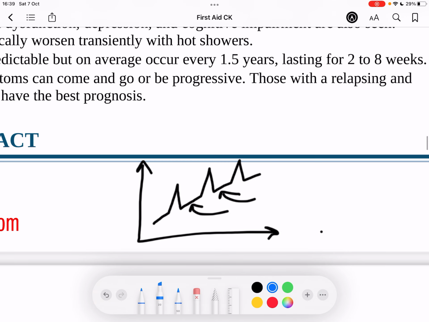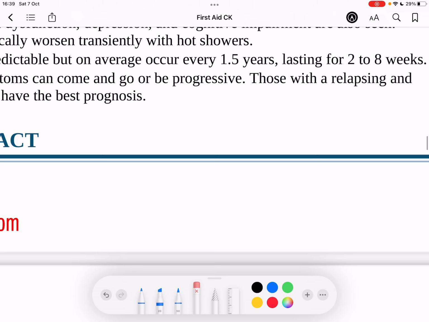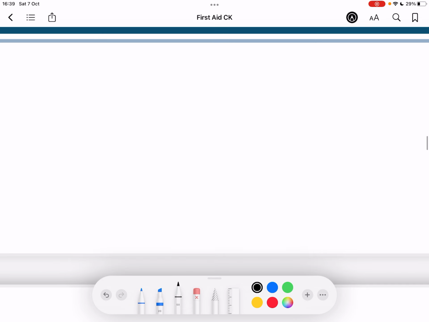Just in case people have forgotten from step 1 what the INO is, I'm going to very briefly describe it. So if you remember your medial rectus and lateral rectus pathways, say this is an eye, and then this is another eye. We have the medial rectus here, and then the lateral rectus here. Okay, so that's just to make sure you know what is going on here. We have 2 different nuclei that are important to discuss.